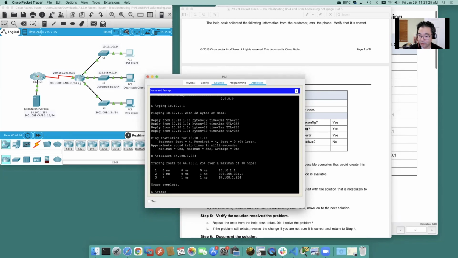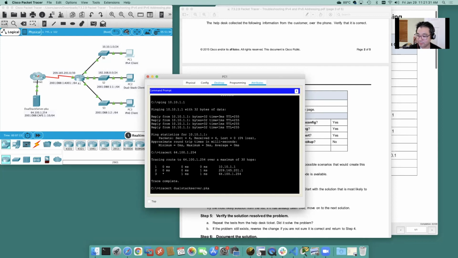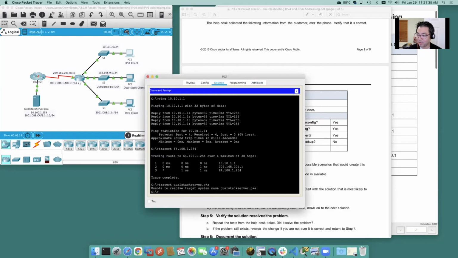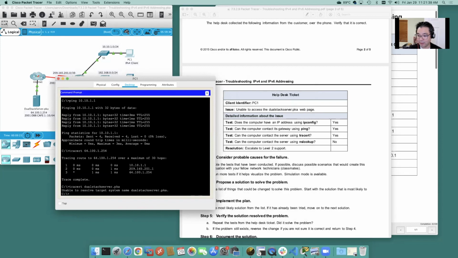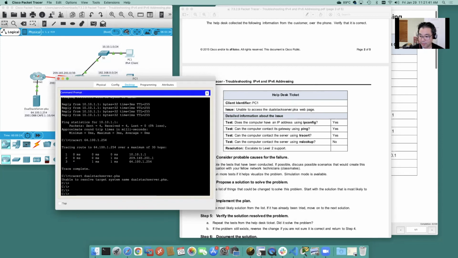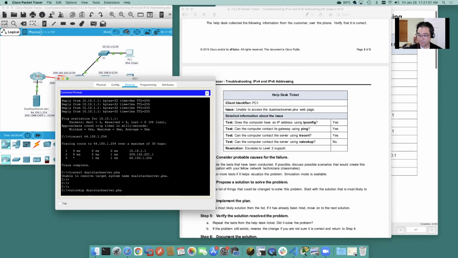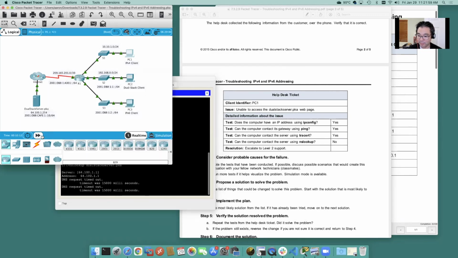Can we trace route to dual stack server.pka? Speed up time. Okay, unable to resolve. We can even try NS lookup. Okay, speed up time.